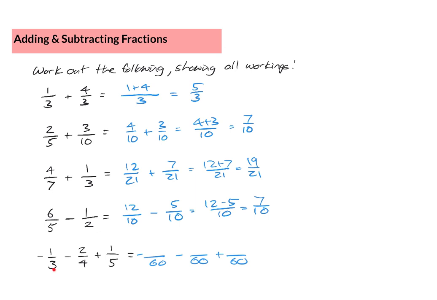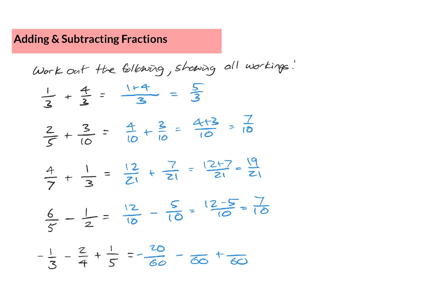Now, to turn thirds into 60ths, I'm multiplying by 20. 20 I got from 4 times 5. So I have 1 on the top, so 1 times 20 is 20. So 20 over 60 is the same as 1 over 3, and obviously there's a minus sign in front, so it's minus 20 over 60. Now the next one here, I'm turning quarters into 60ths, so I multiply 4 by 15, which is 3 times 5.